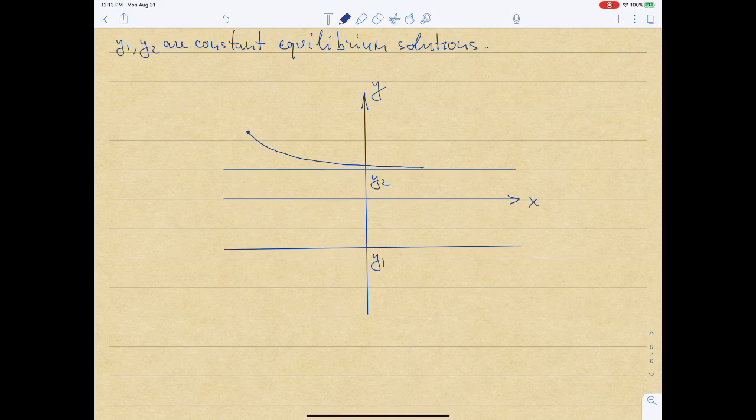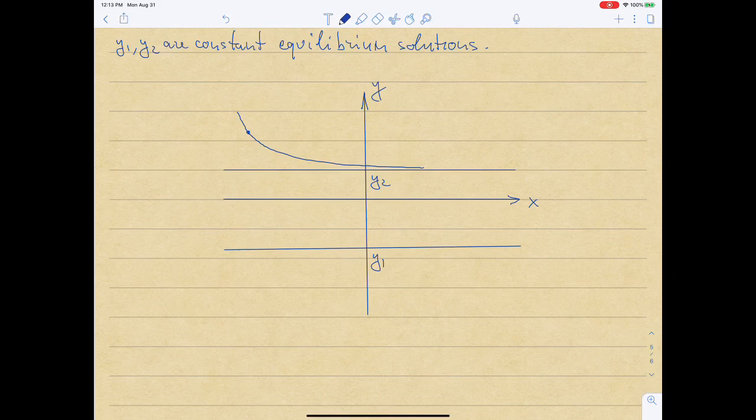So what it must have is a horizontal asymptote y equal to y2 as x goes to infinity. And if you continue it in the opposite direction, then the function must be increasing, right? Because increasing while going to the left is the same thing as decreasing when you go to the right.